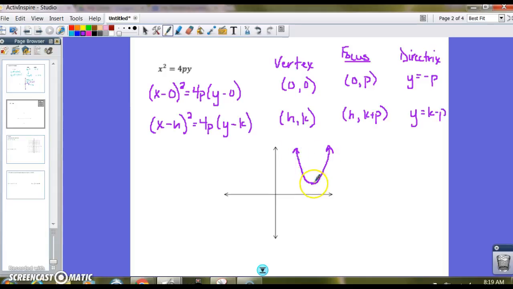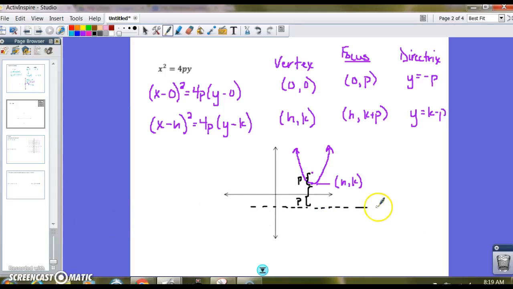So again, if we were to draw that, if this is my parabola, right, there's my (h, k). If my focus is here, that distance from here to here is p, and my distance from here to here is also p. My directrix would end up being down here.